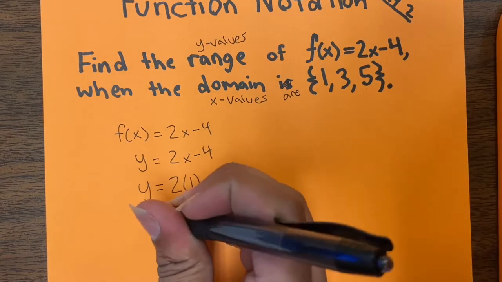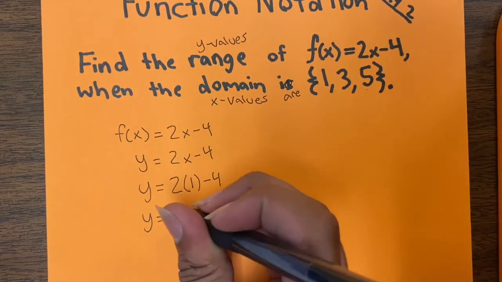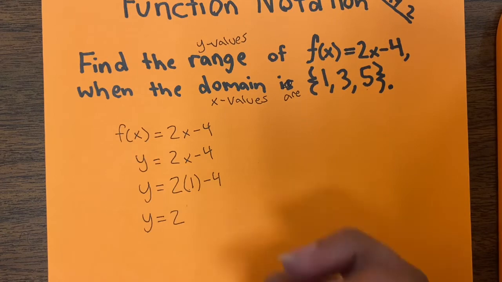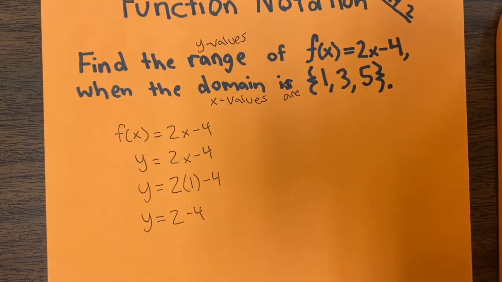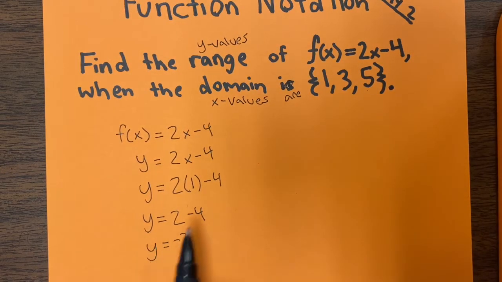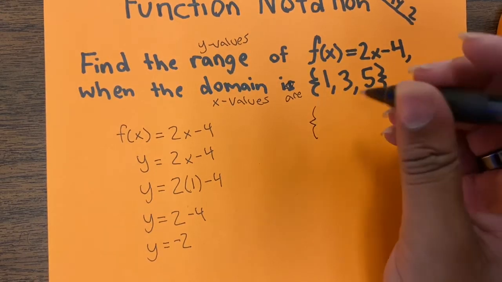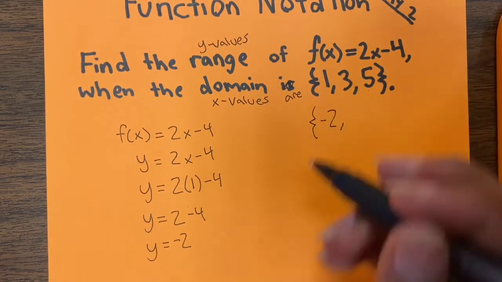So we have y equals 2 times 1 is 2 minus 4. 2 minus 4 is going to give me negative 2. So when x is 1, the y value that goes with it is negative 2.